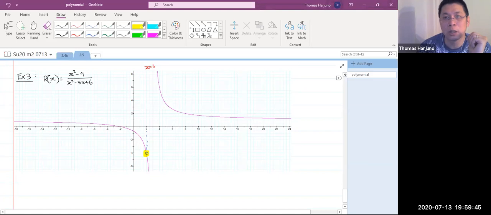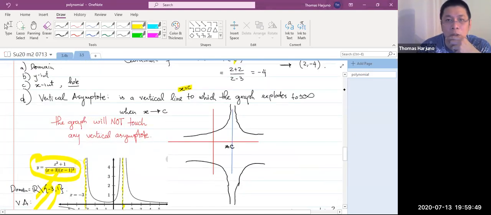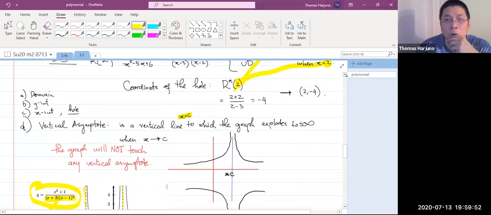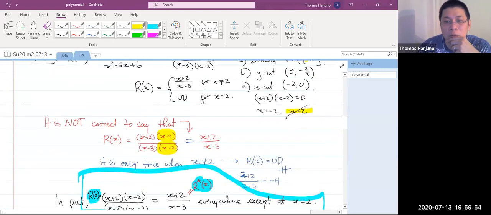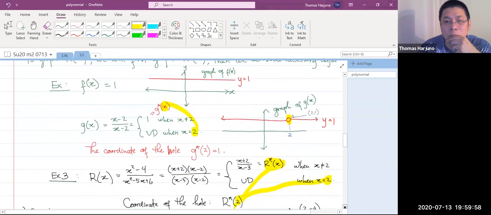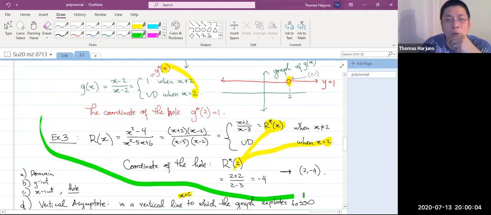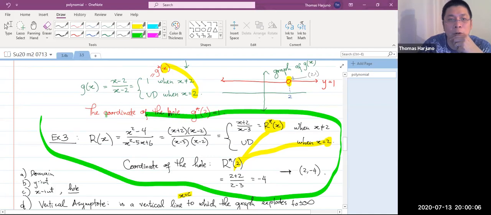Let's take a look at what we did some time ago. (2, -4). You see that? Here, for our example 3, the coordinate of the hole is (2, -4).